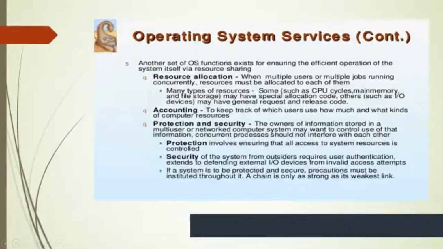Another set of operating system functions exists for ensuring the efficient operation of the system itself via resource sharing. Resource allocation: when there are multiple users or multiple jobs running concurrently, resources must be allocated to each of them. What is resource allocation? Suppose in a network there are several machines and all of them place a request for using a printer.